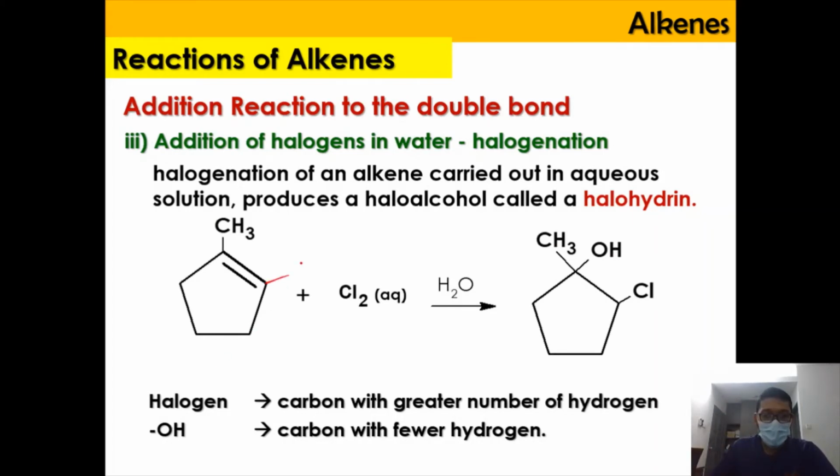This carbon has 0 hydrogen, and this carbon has 1 hydrogen. So the Cl is going to attach at this carbon because the halogen attaches to the carbon with the greater number of hydrogens. Meanwhile, OH is going to be attached here.